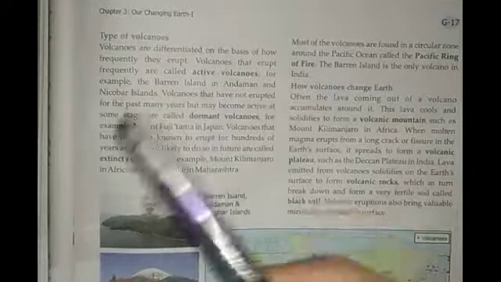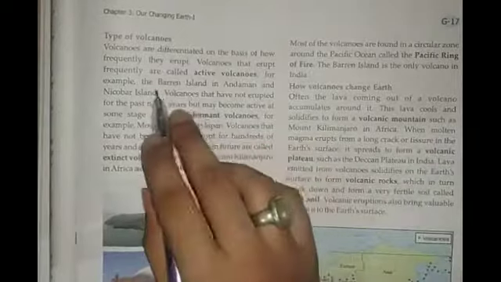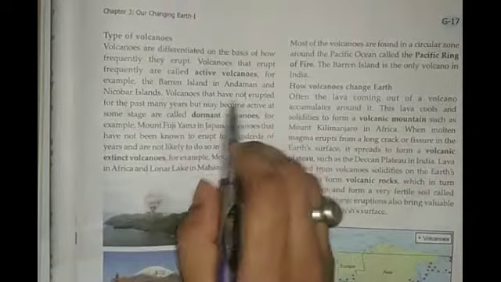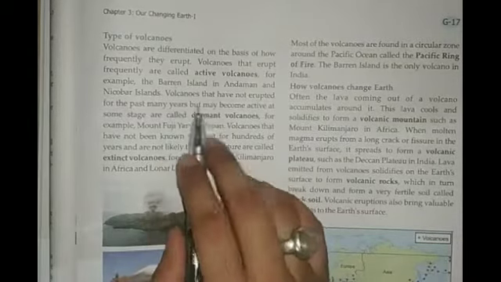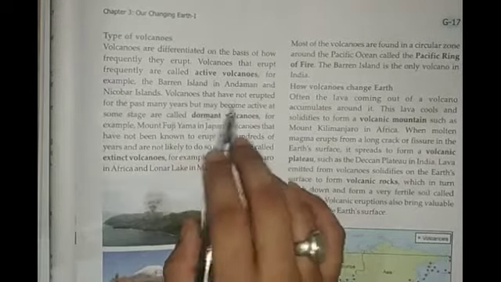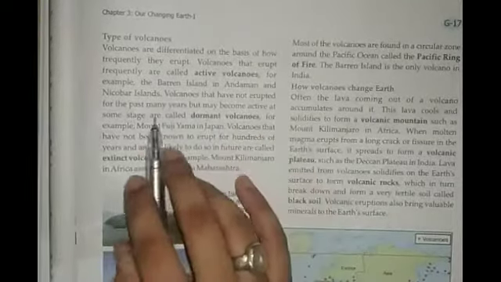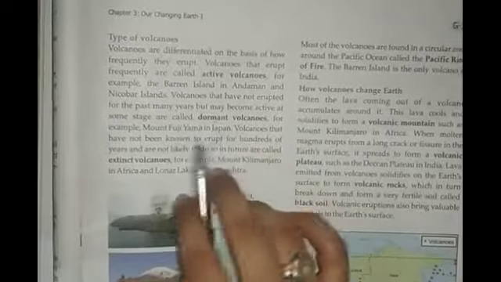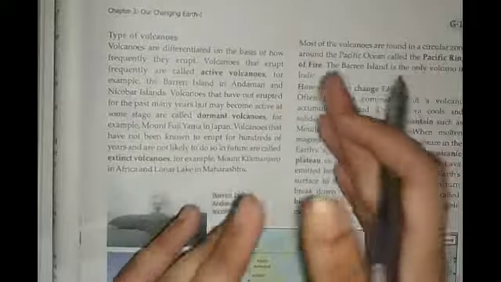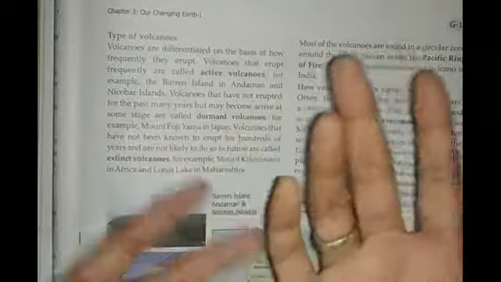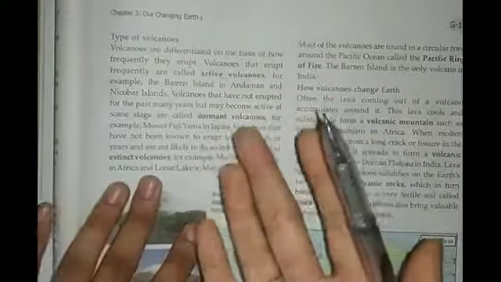It means they stay active all the time. For example, Barren Island in the Andaman and Nicobar Islands. Then a dormant volcano is a volcano that has not erupted for many years but may become active at some stage. It means we have not seen an eruption for many years, but suddenly at some stage the volcano becomes active. Okay, that is known as a dormant volcano.